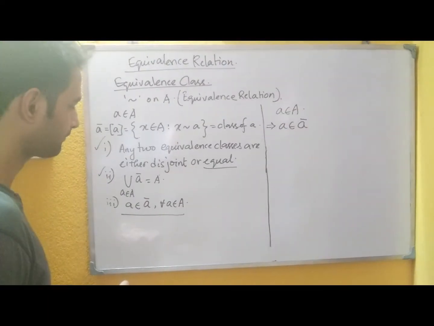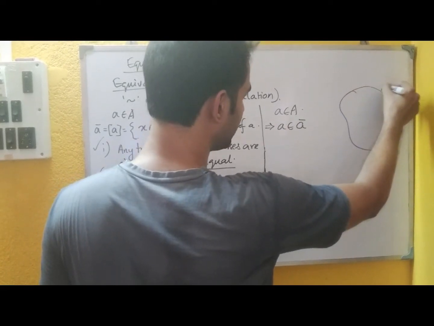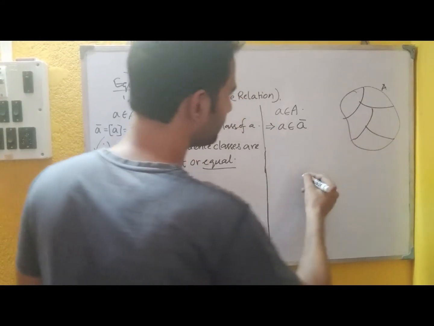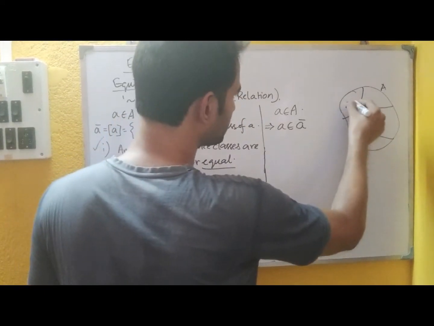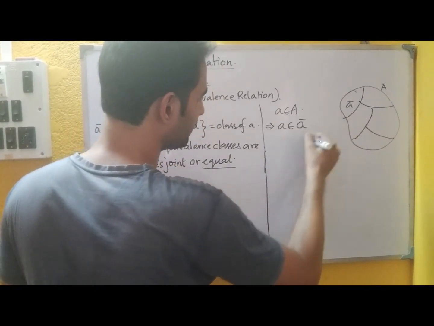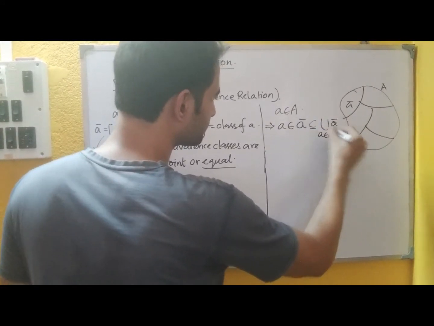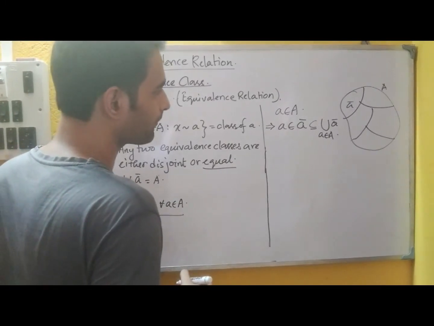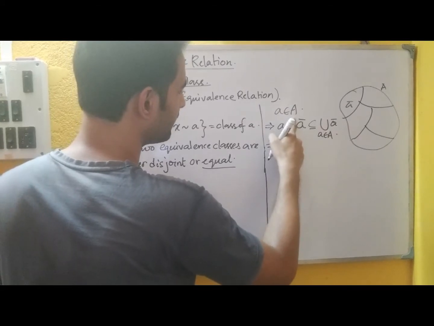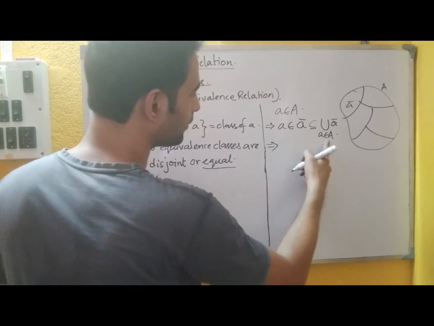Now, see, suppose this is the set A, and these are all the equivalence classes. So if we say that the class of a is in here, we can say this class a will be a subset of the union of all the classes. So clearly a was taken from this set, that is capital A, and now we can see that a is belonging to the union of all the classes.